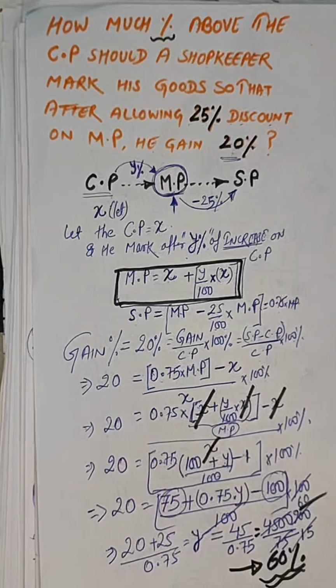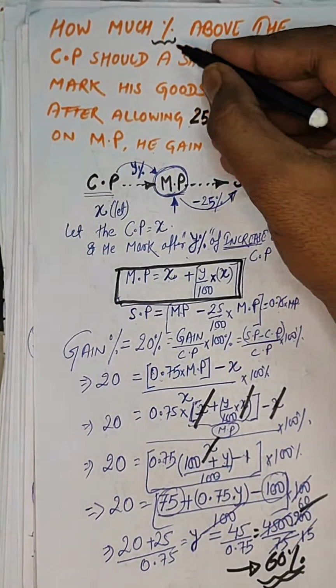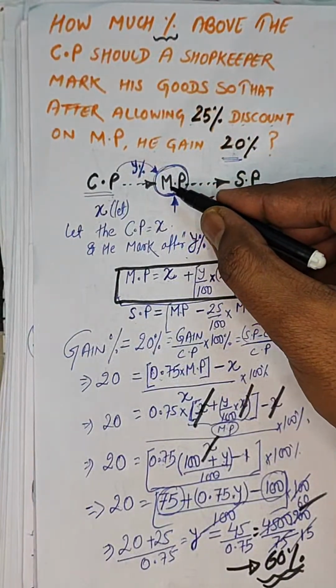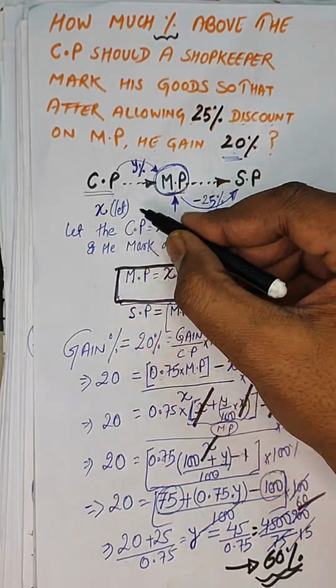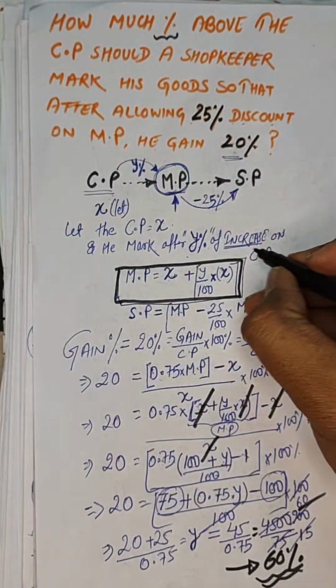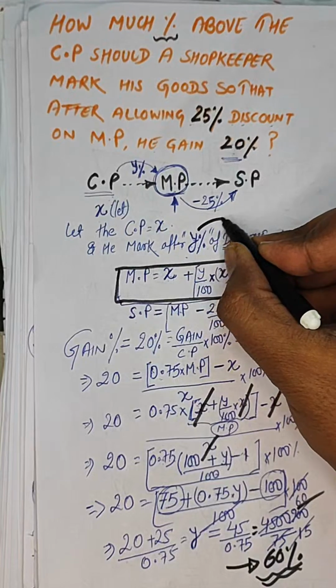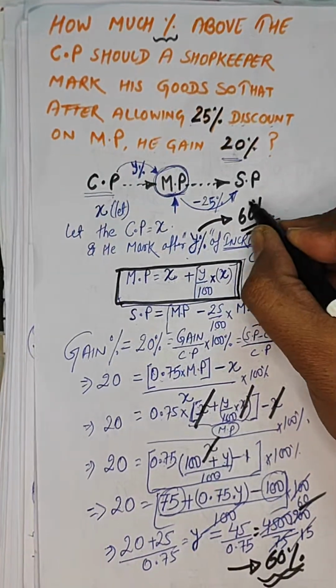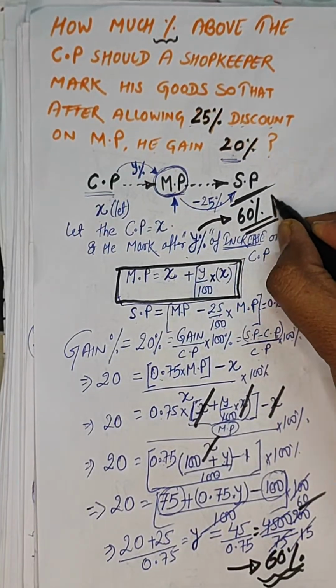Because you have solved the question and you understand the steps, you can say he is just increasing 60% on the cost price. So the value of y is nothing but 60%, right? This is your answer.